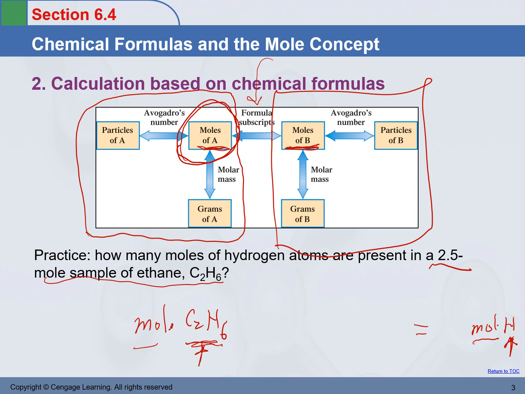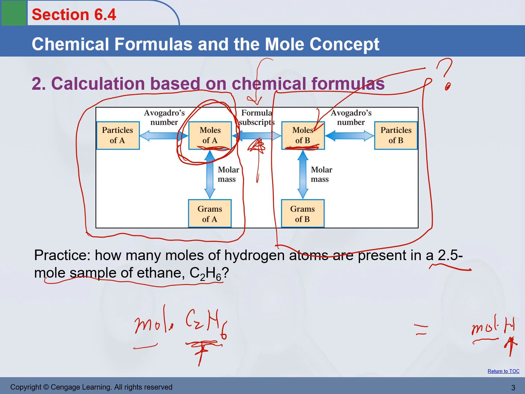The wanted information is moles of something else, moles of hydrogen. So it's not moles of A, it's moles of B. In this case, B is hydrogen. So we need to go across this flowchart from one side to the other side.